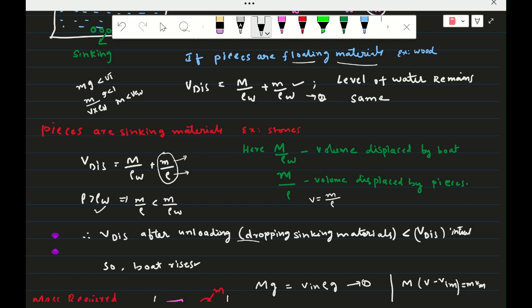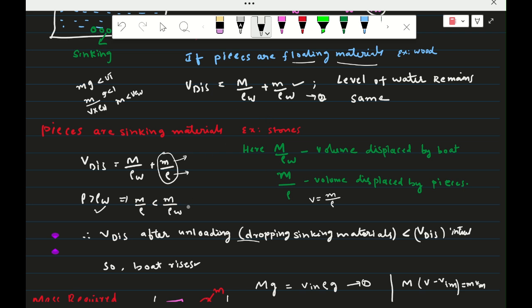River water is approximately 1, and sea water you take as 1.3, 1.5 like that. So sea water is denser than river water. That's why upthrust is more. The ship will rise, or you will feel that rising. Means now the immersed volume is less in the sea than in the river. So I hope this is understood, right?